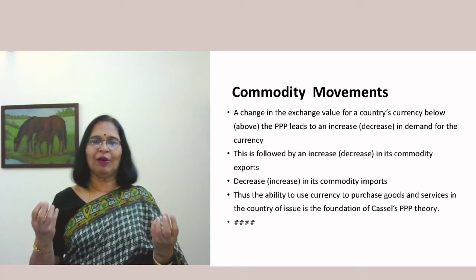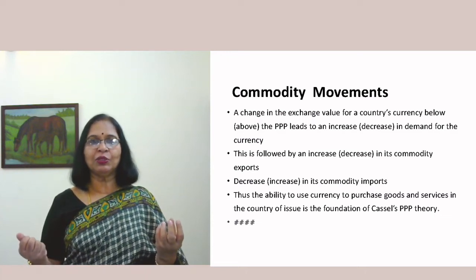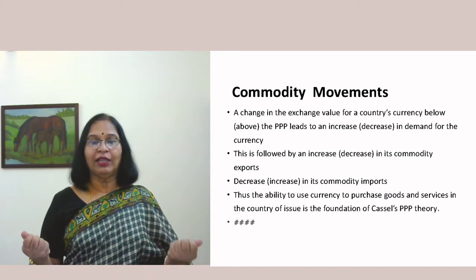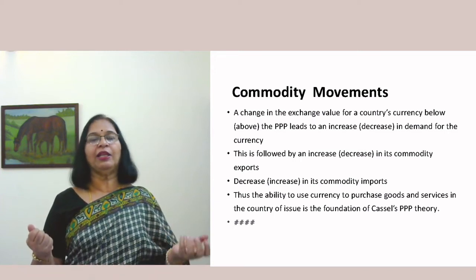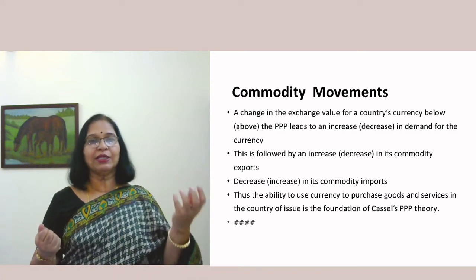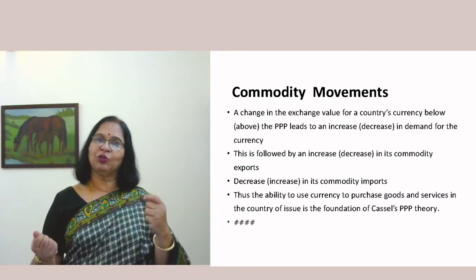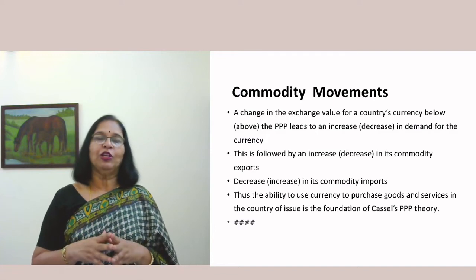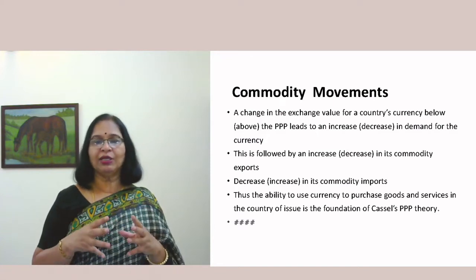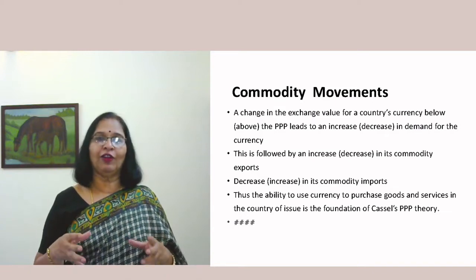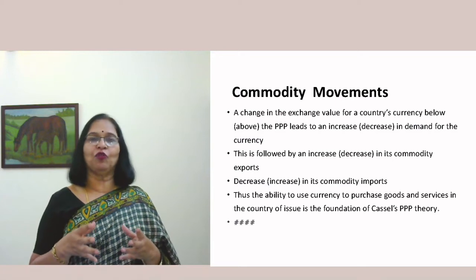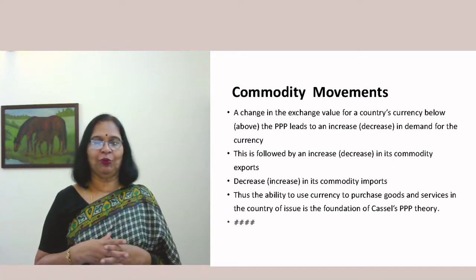So two things have happened. One, India's imports have reduced, and USA's exports have increased. Then the other side: India's exports have increased because India's goods are cheaper, and USA's exports to India will reduce because US goods have become costlier. So just by the movement of goods between the two countries, because of the inflation in the domestic economies, the exchange rate is expected to find a new level of equilibrium.